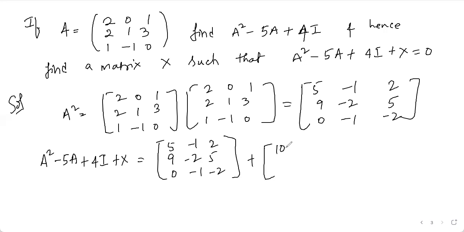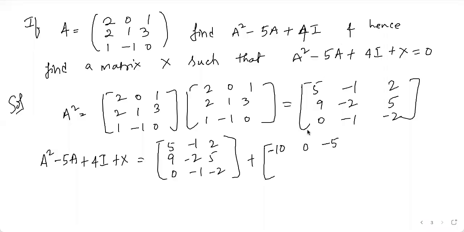So this will be 10, 0 and 0, 5. This will be minus 10. Okay, sign is important. I'm taking minus inside. Okay, next is 1 minus 5, 5 into 1.